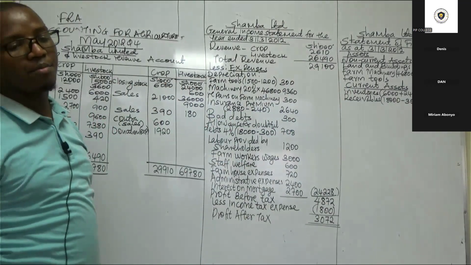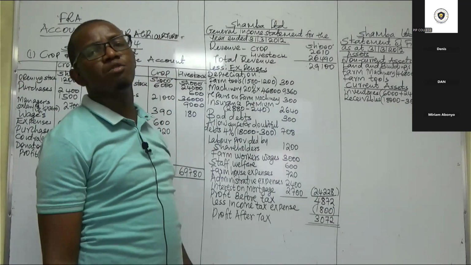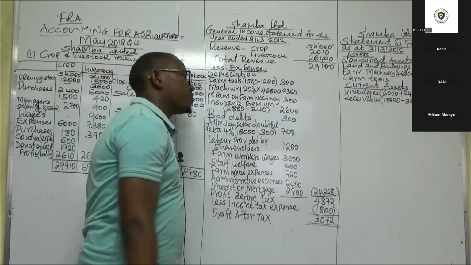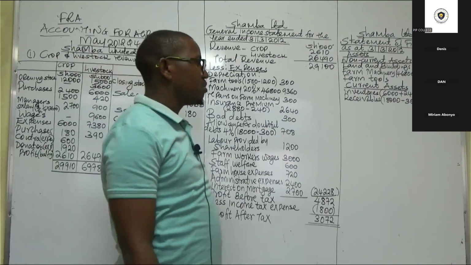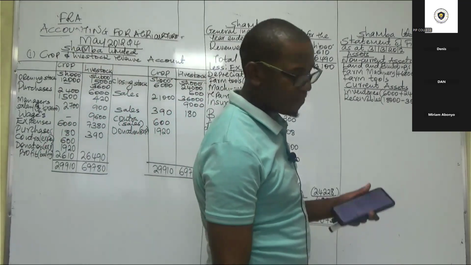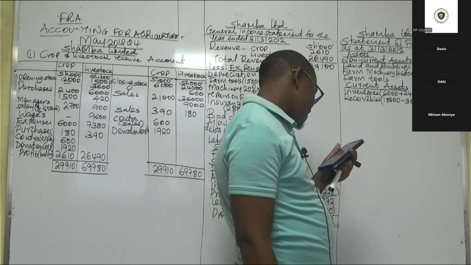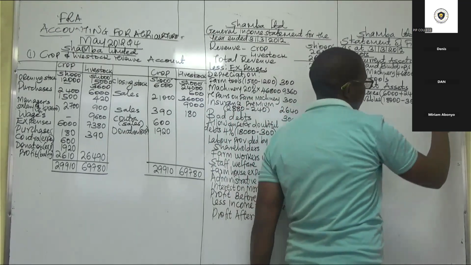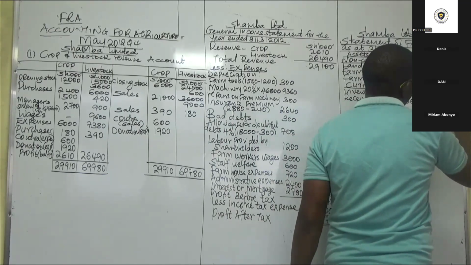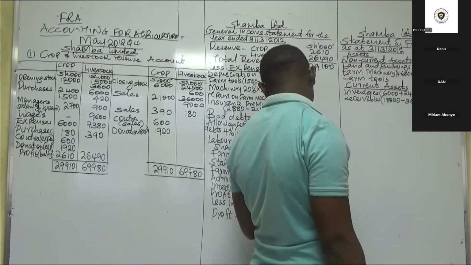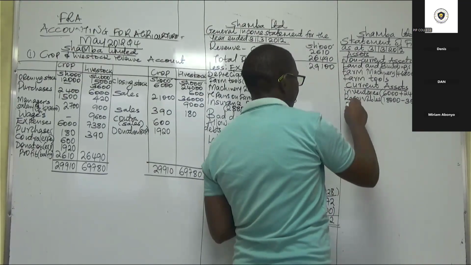When you make a provision, it will reduce our receivable, which in this case we made a provision of 708. So what is the balance? What is the balance? 16,992.